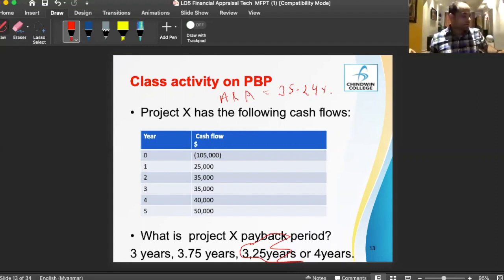So that's all about accounting rate of return and payback period.